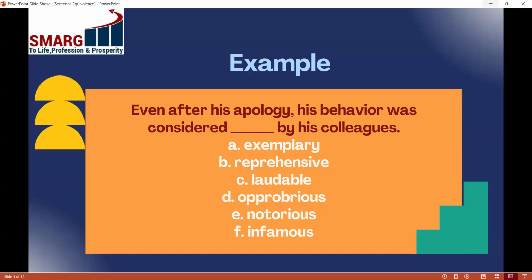It talks about criticism, about deserving of bad treatment. But apart from that, one more meaning is when something is showing blame. So a layer is getting added to it.